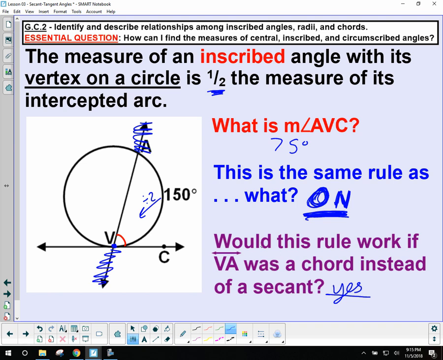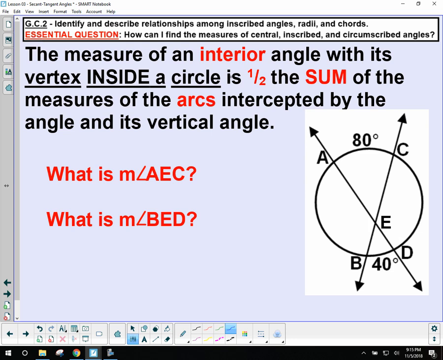The measure of the interior angle with its vertex inside, again not the center, inside a circle is half the sum of the measures of the arcs intercepted by the angle and its vertical angles.